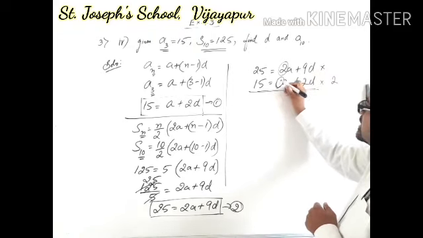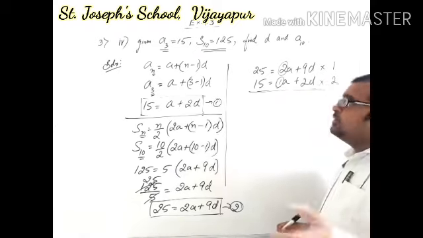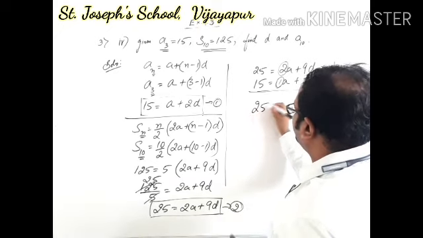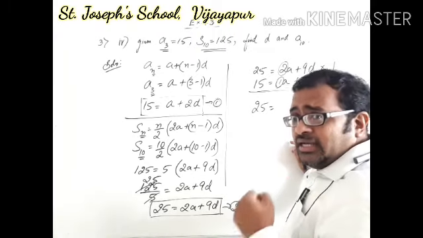If nothing is written, you can take it as 1. You know that when you multiply by 1, the equation remains as it is.